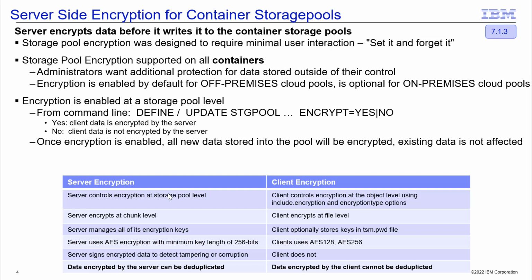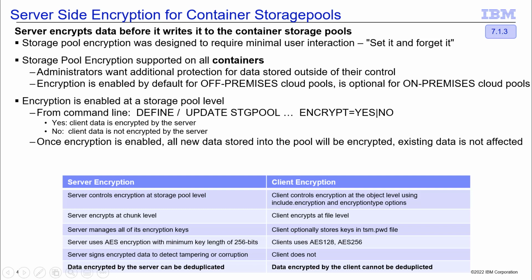If you were setting up the storage pool with the command line, when you did either a define or an update storage pool, you would set encrypt equals yes or encrypt equals no. Once encryption is enabled, all of the new data stored in that container storage pool will be encrypted. However, this does not impact existing data already written out to that container storage pool.